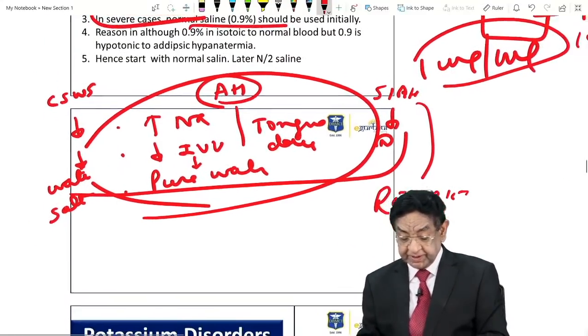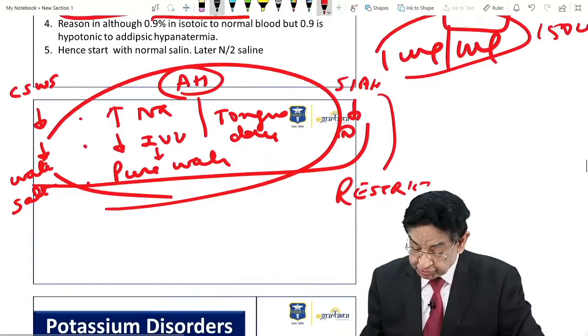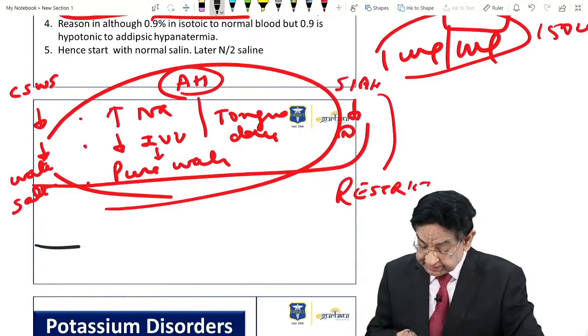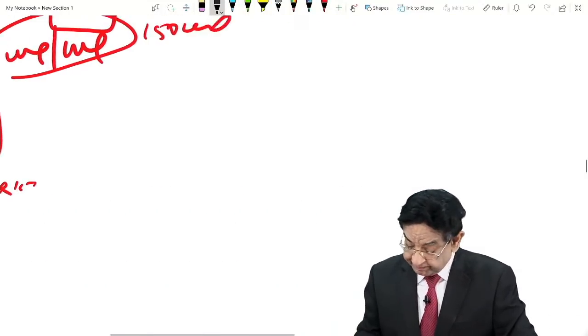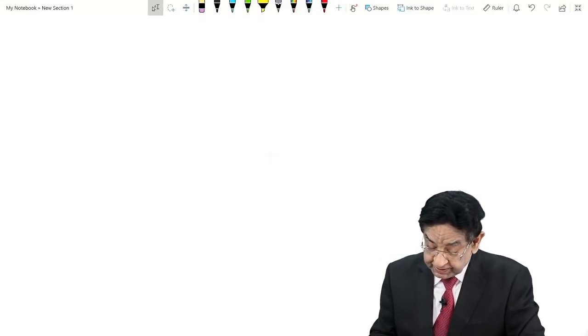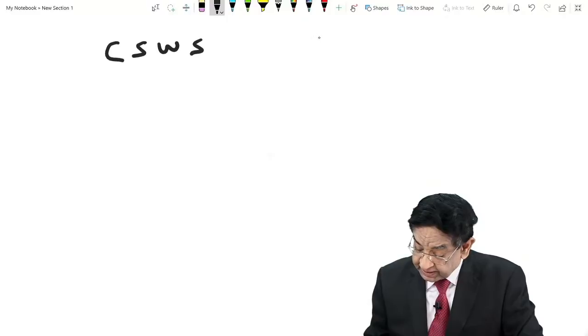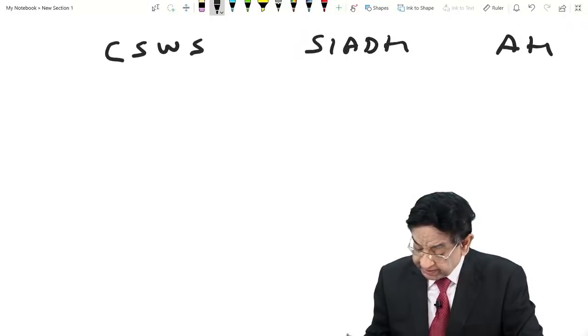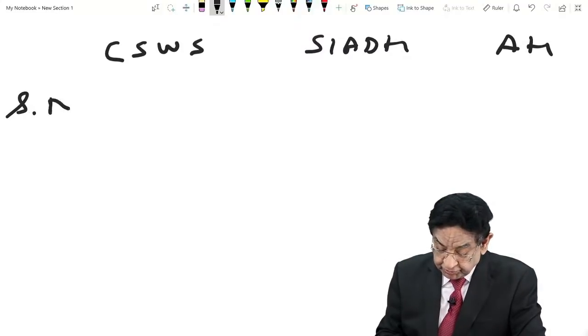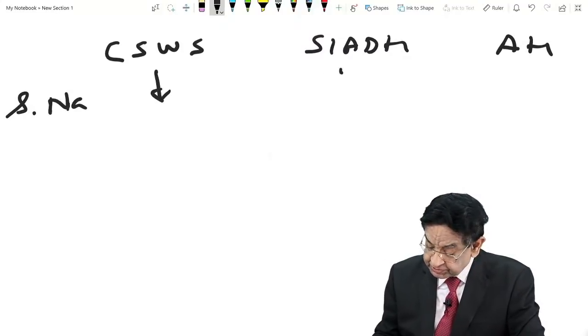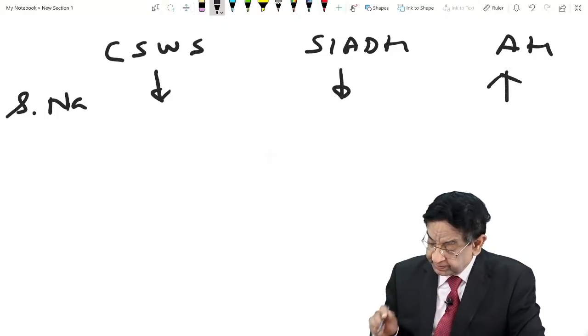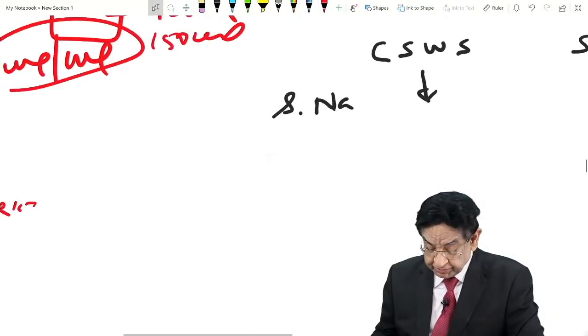Friends, this is the summary of the entire sodium disorder, squeezed in. If you want, I can write a better one. This is cerebral salt wasting syndrome, this is SIADH, and adipsic hypernatremia. Serum sodium is reduced in the first two.